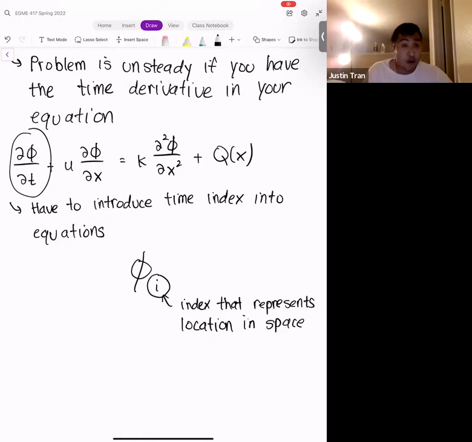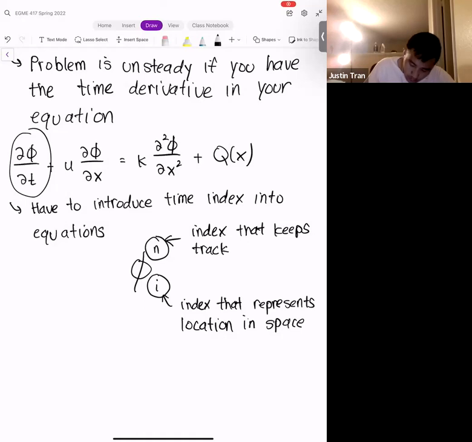But for unsteady problems, we also have to add an index for time. That index goes in the superscript.